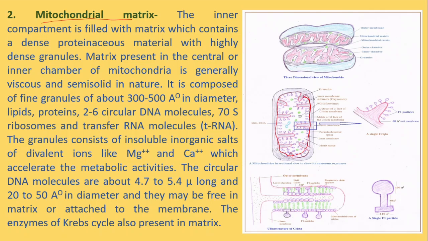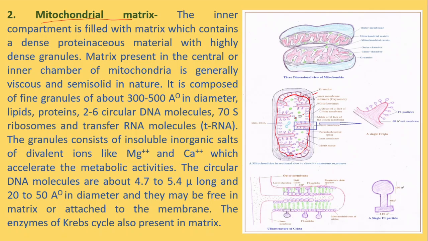Now we have finished the mitochondrial membrane, the intermembranous space and the inner membrane space, that is, the matrix. Now we will see what the matrix is and what its constituents are. So this entire part is known as the mitochondrial matrix.